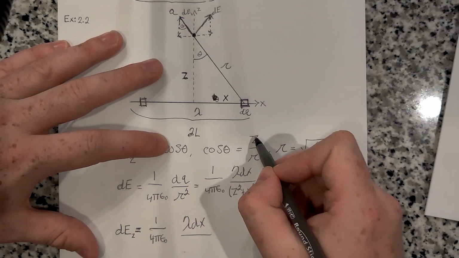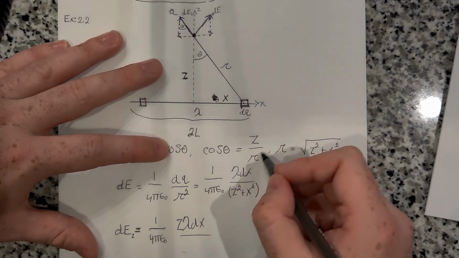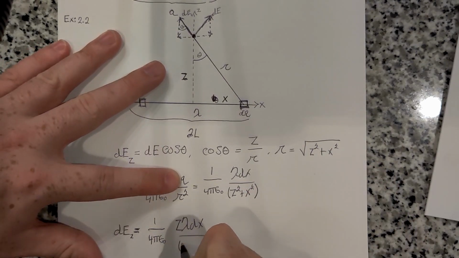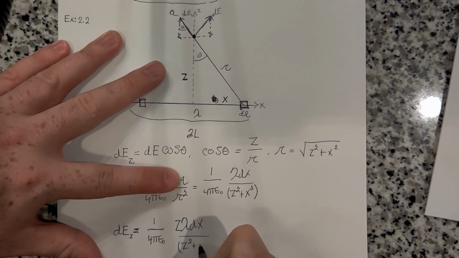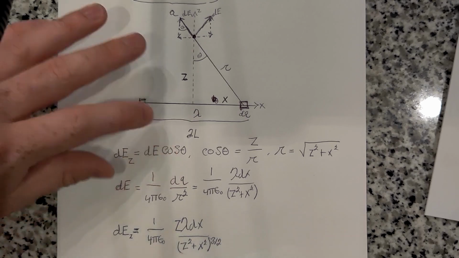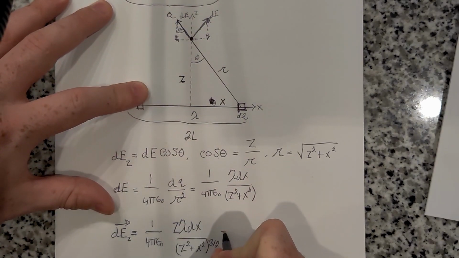However, with cosine of theta, we're going to have a z on top. Let me put the z here. Over script r, which is the square root of z squared plus x squared. So we end up having z squared plus x squared to the 3/2. I'll just let you guys do the algebra there. Cool. And we could put a vector on this if we wanted to.